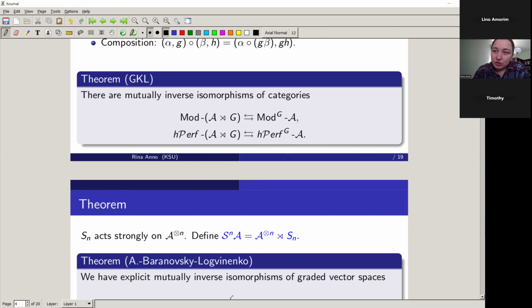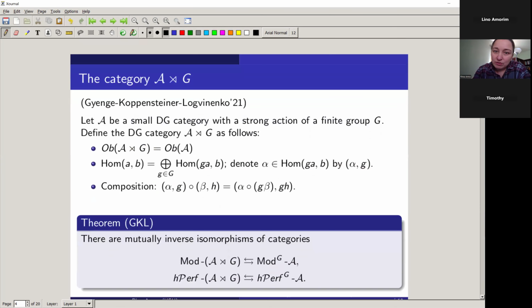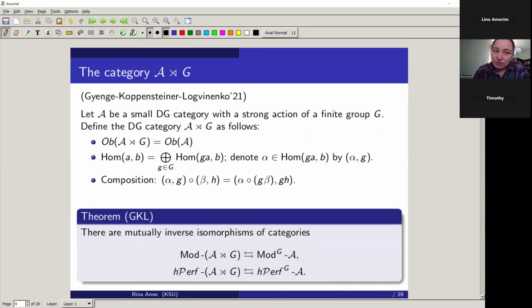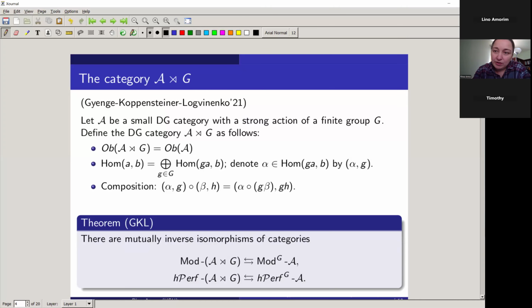For us, the ground field is usually algebraically closed of characteristic zero. In that case, the group really doesn't destroy the projectivity. Or at least we should always require that the characteristic of the base field is relatively prime to the order of the finite group G. Yes, that's good.